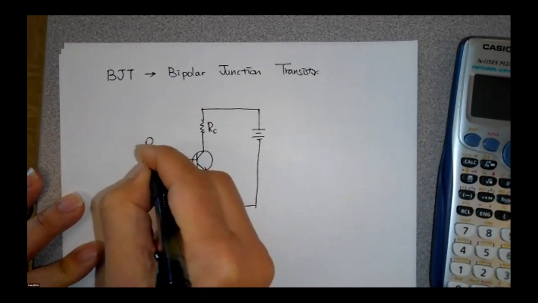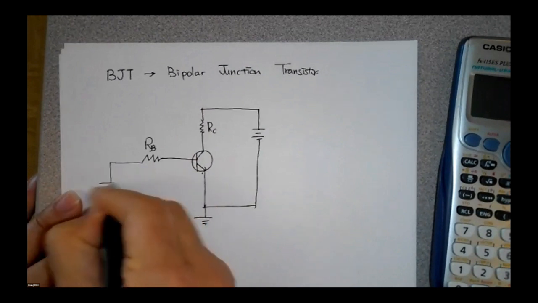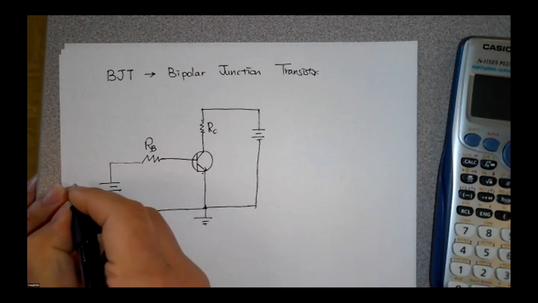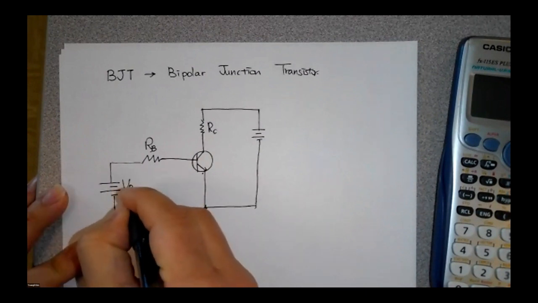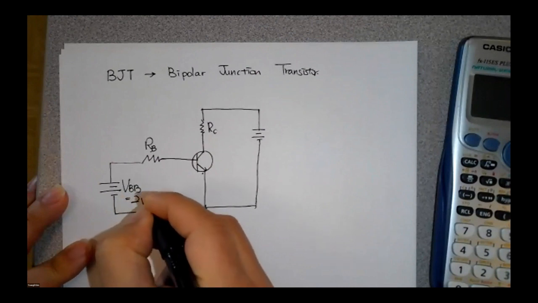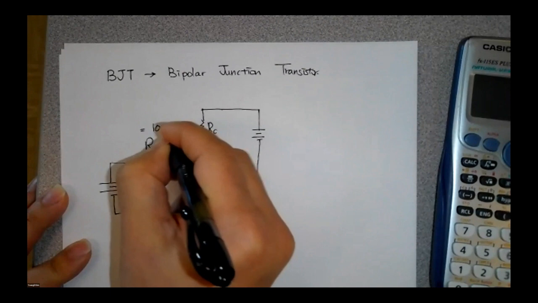That was the resistor for the base, and that one is for the DC voltage, V sub BB, 2 volts. And that was 100K.